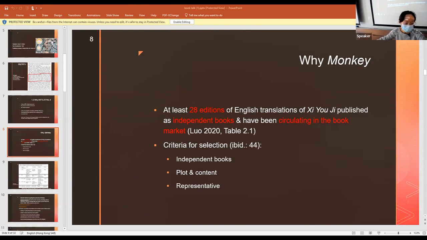I did get in touch with Julia Lovell, and she was indeed very helpful and very kind to accept my request, and we exchanged emails for a period of time. However, the information I could get from the translator was not enough for a study that concerns the production of translation. As you know, if you have read my book, the production process of the translation was divided into many different stages or phases.